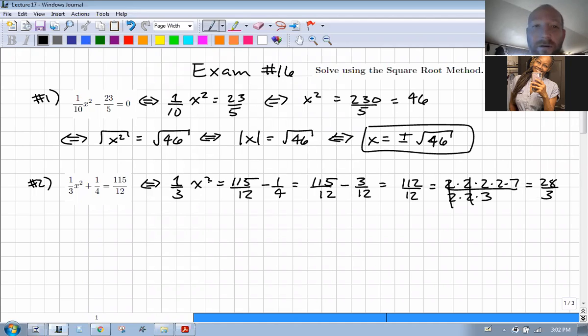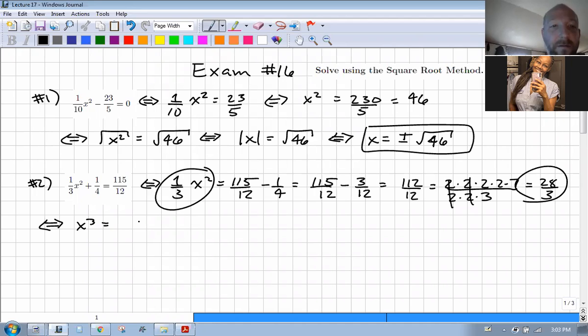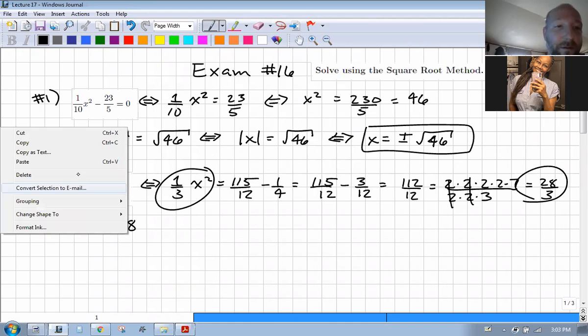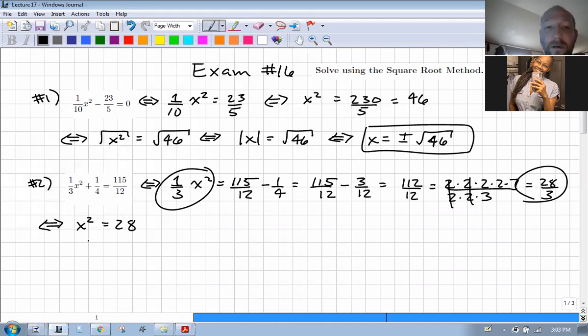So then we have that equals that, right? So let's multiply both sides by 3. Not cubed here, squared. All right, so now we can square root.